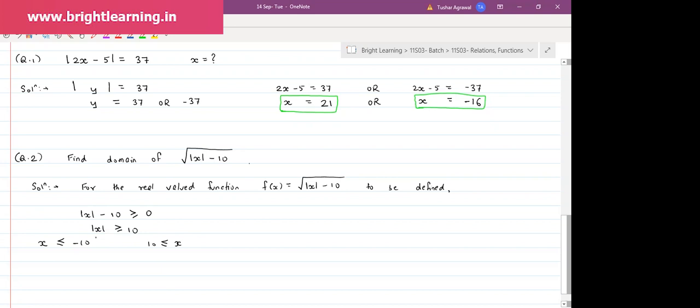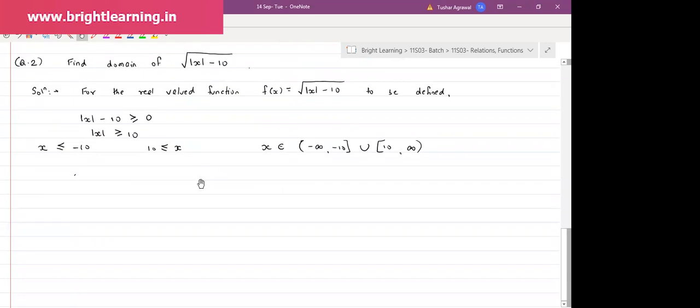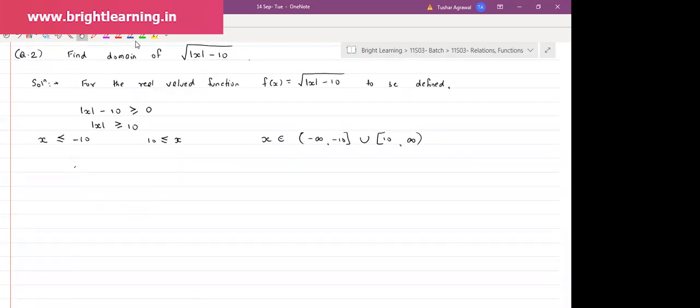The answer is x belongs to minus infinity to minus 10 union 10 to infinity. Dhananjay, in the chat box, just write f for infinity. Don't bother about typing the whole infinity word. F will suffice. Okay, so this will be the answer.